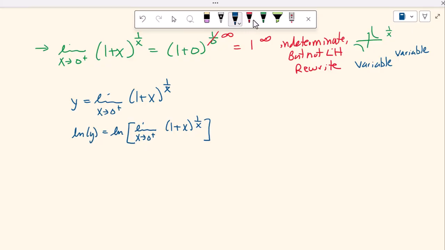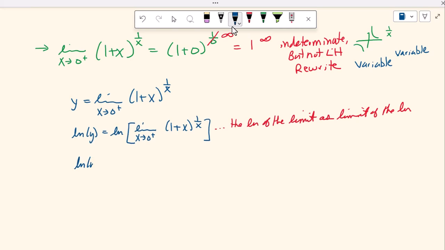What I'm going to do is swap the log and the limit. So the rule here is the natural log of the limit can be rewritten as the limit of the natural log. So the limit of the log is the log of the limit, and vice versa.